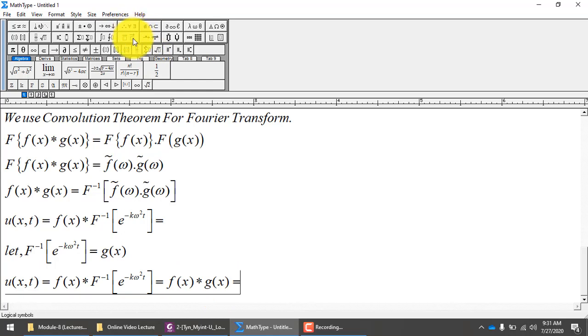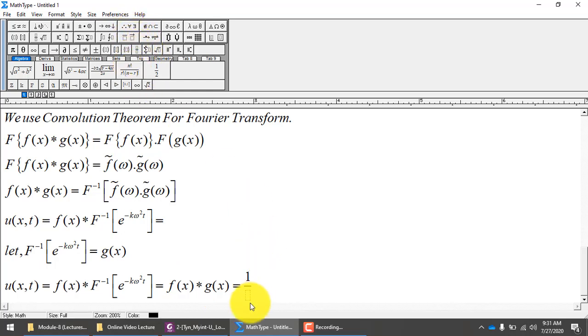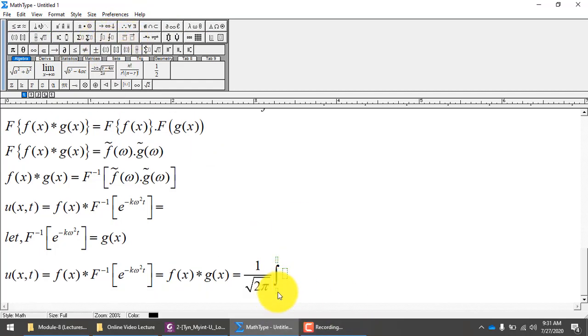The definition of convolution is 1 over square root 2 pi, integral from minus infinity to infinity, and there will be f of not x, this will be f of tau.